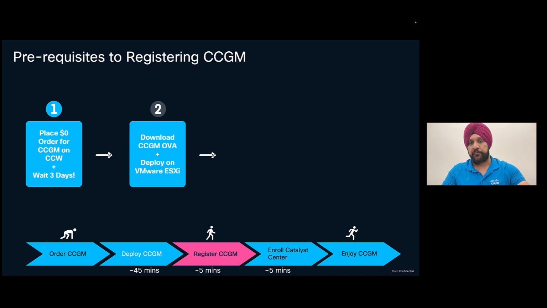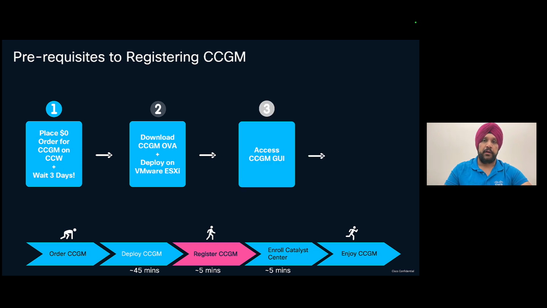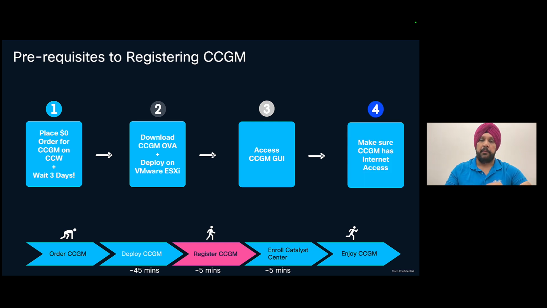Next, you can go to software.cisco.com, download the CCGM OVA file, and then go to your VMware vCenter and start deploying CCGM. We have created another YouTube video on how to deploy CCGM. You can go check that out as well if you want. The third one is you can now access the CCGM UI, but also make sure you have internet access allowed from CCGM so that CCGM can register to the CRS cloud and then Catalyst Center can enroll to it.